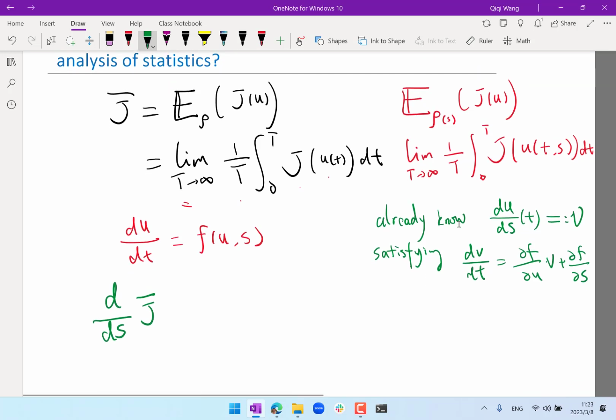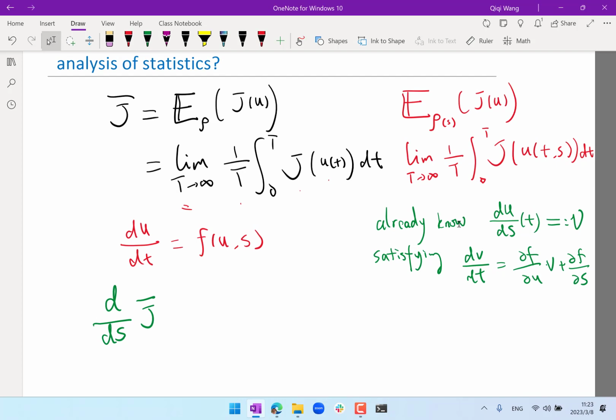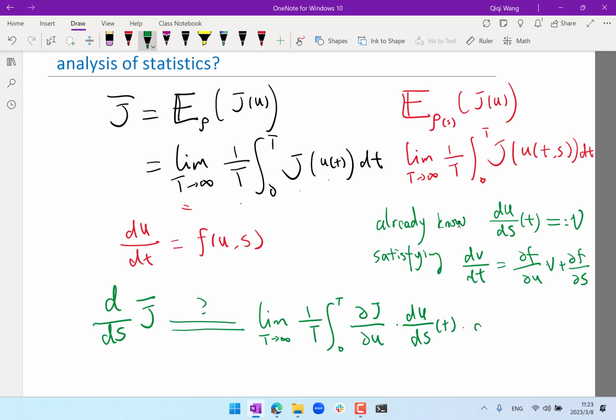Okay, what if we can use the chain rule to take the derivative d/ds inside the limit and inside the average? So the first question is: is that equal to the limit of t goes to infinity of 1 over t integral of dj/ds, which can be chain ruled as dj/du times du/ds?